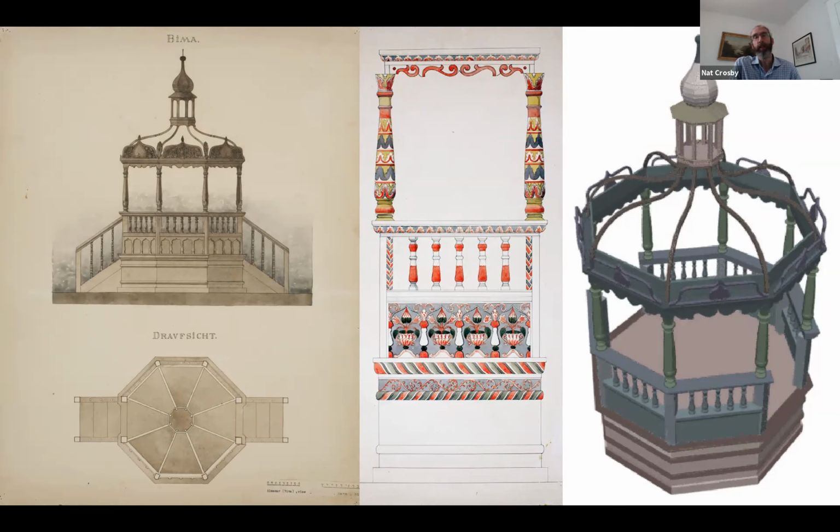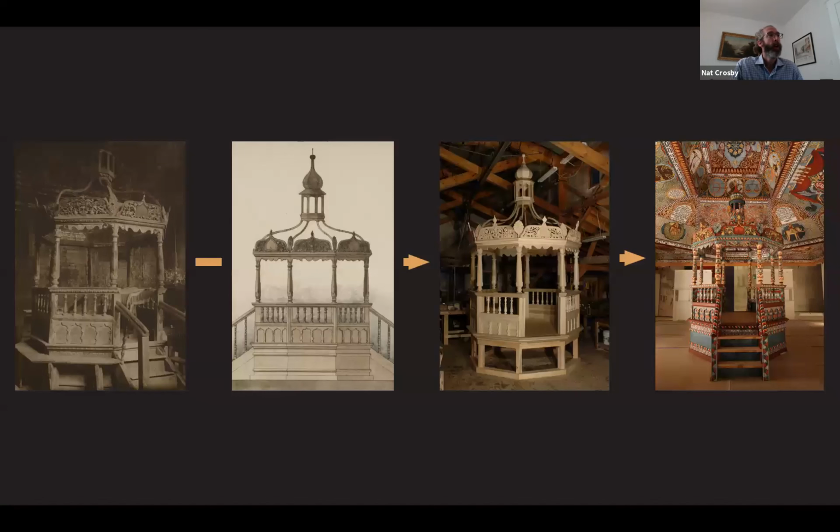There were some color studies of the paintwork done on it, and that allowed us, along with the photographs, to recreate initially digitally what this bema might look like, and how we could reconstruct it at full size. We were able to utilize those photographs, the drawings, and the computer CAD work to check ourselves before we started cutting into timbers.